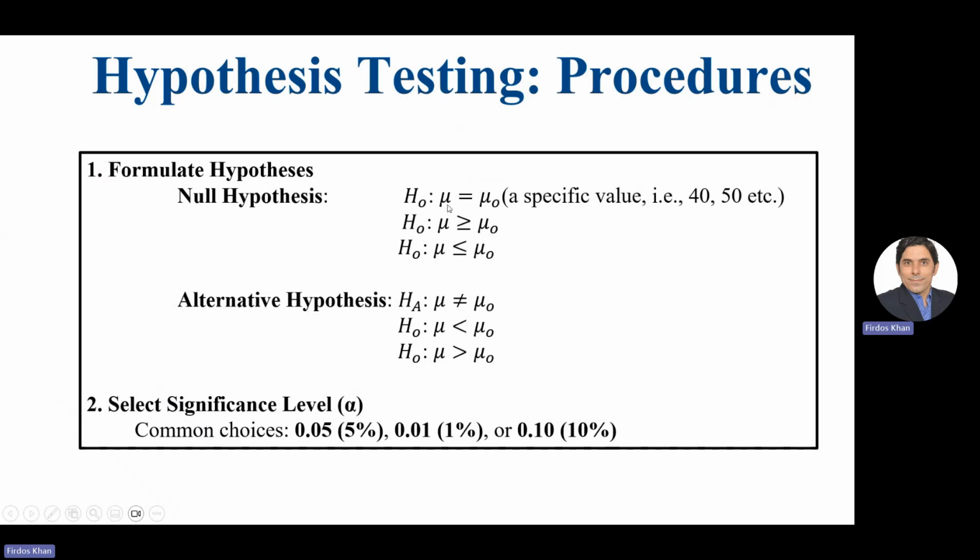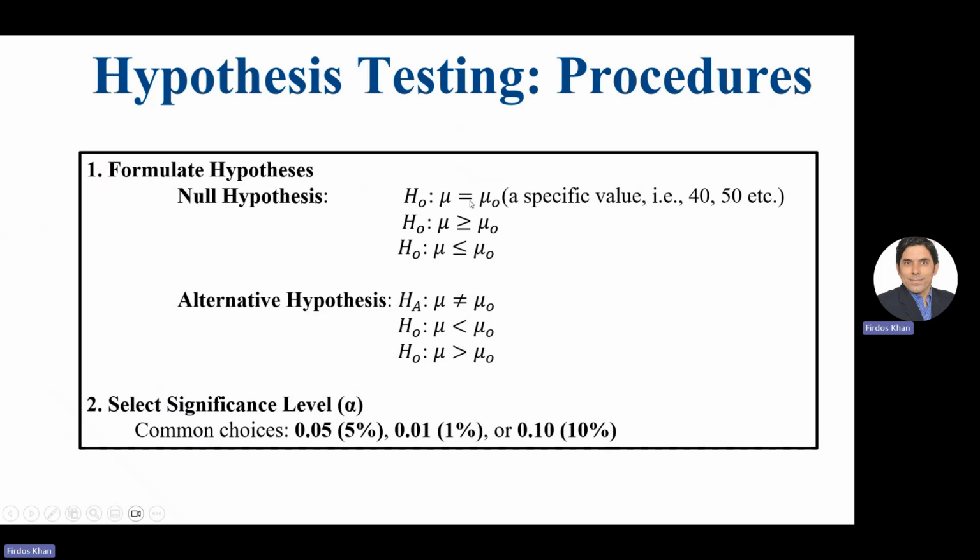Let's suppose we have a problem to test the average CGPA of a particular university or of a country, or we can test the average per capita income of a particular country. We can state that the average CGPA of the students in that region is equal to mu naught, a specific value. That CGPA can be 3 or 3.5 or something like this.